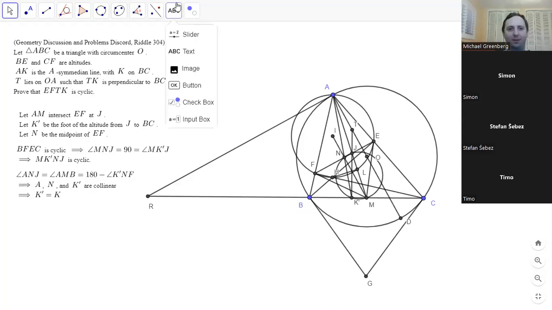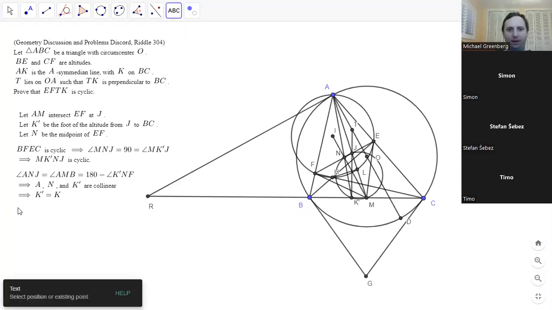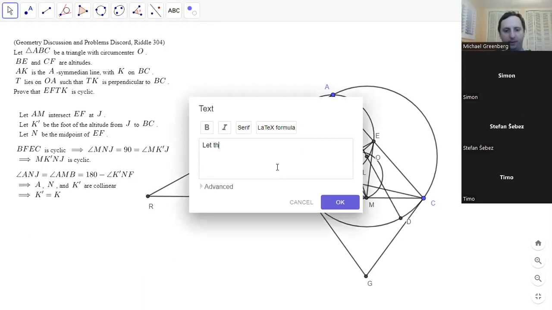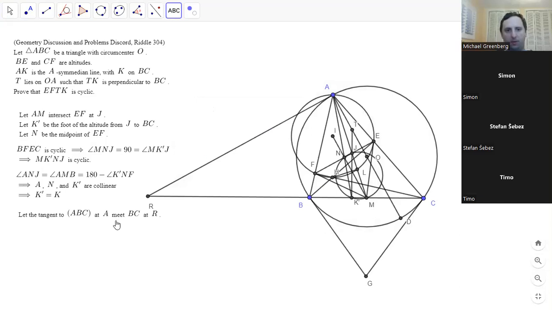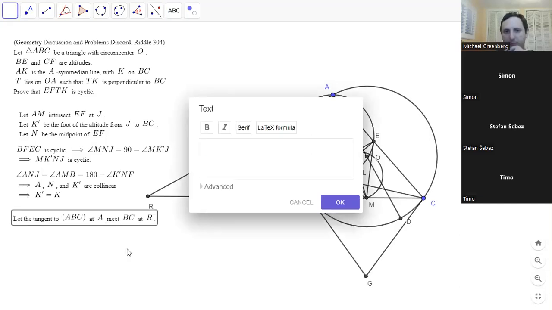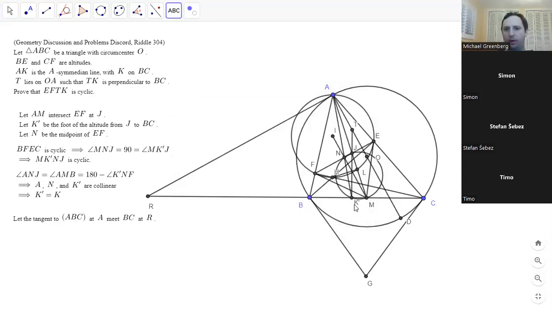All right. So let the tangent to ABC at A meet BC at R. First, ME and MF are tangent to the circle AFE. That's well known. So that implies that this is harmonic, which implies angle bisector.